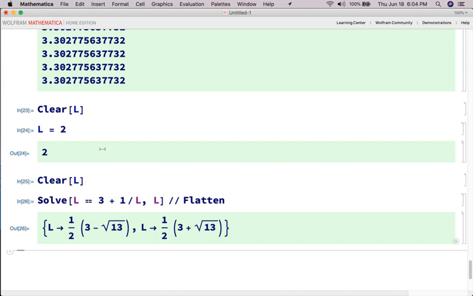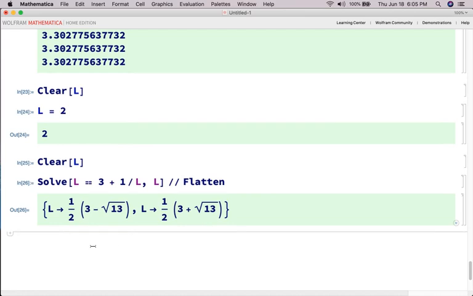There were no negative values. Therefore, we can ignore the negative solution. We only want the positive solution, which happens to be the second solution, 1/2 times 3 plus the square root of 13.